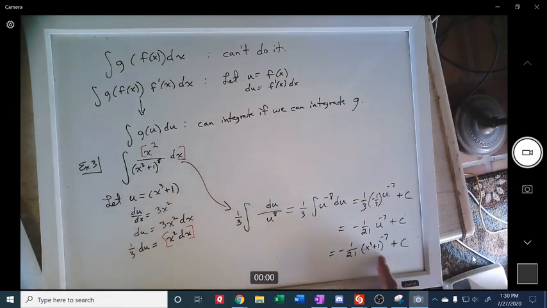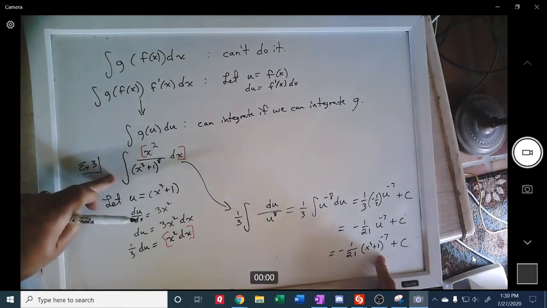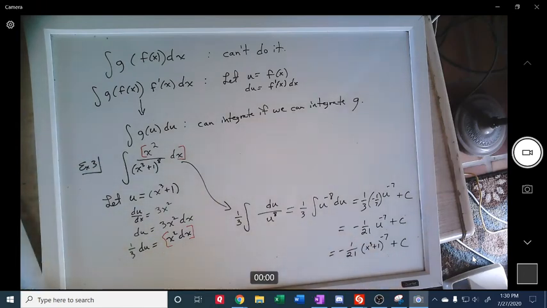This is my final answer. I took the antiderivative of this and I got this. And if I check my work, now I'm running out of time here, so I'm just going to check my work without writing it down. If I take the derivative of this, negative 7 times negative 1/21 reduces to positive 1/3.